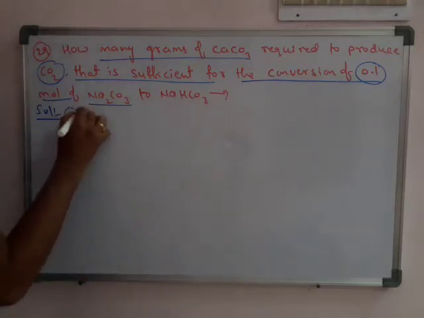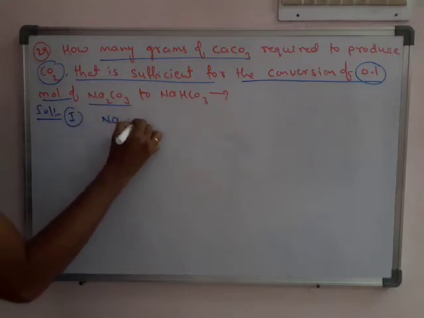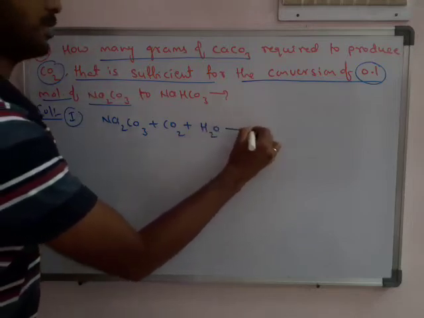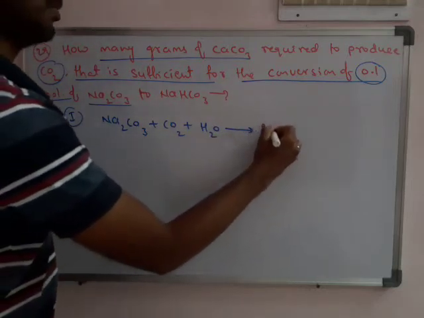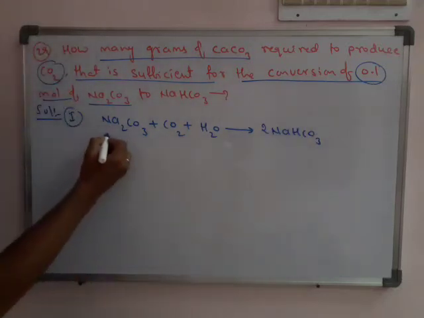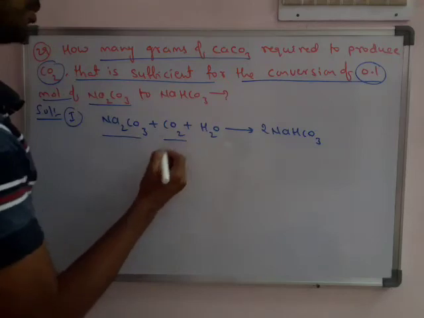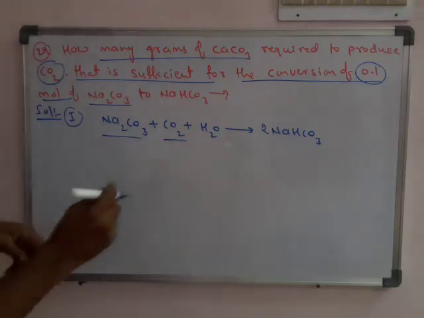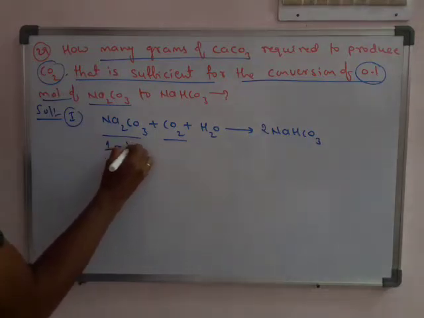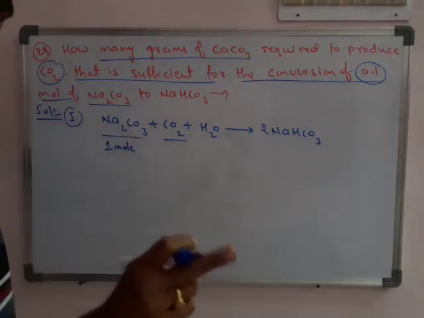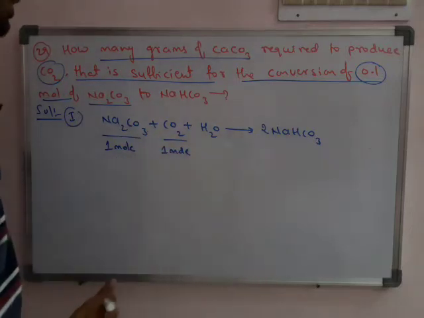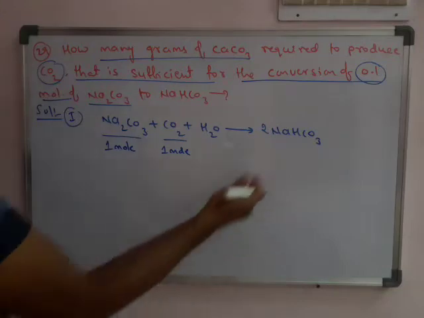So for this we take this as the first step. Sodium carbonate reacts with carbon dioxide in aqueous medium forming sodium hydrogen carbonate. Here, to convert sodium carbonate into sodium hydrogen carbonate, CO2 is required. According to the reaction, 1 mole of Na2CO3 requires 1 mole of CO2 to convert it into sodium hydrogen carbonate or sodium bicarbonate.